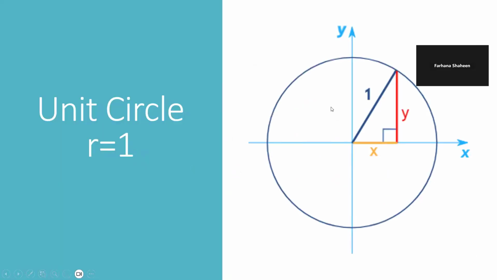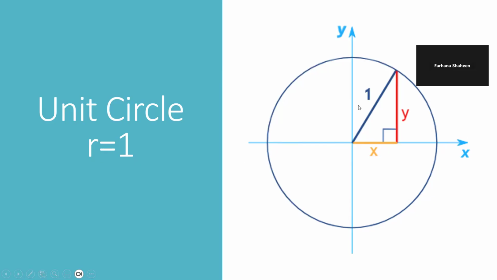Now, what if we fit this right triangle into a unit circle so that the hypotenuse of the triangle becomes the radius of the circle, and a unit circle is a circle with radius 1. So now our opposite is y, adjacent is x, and hypotenuse is 1.